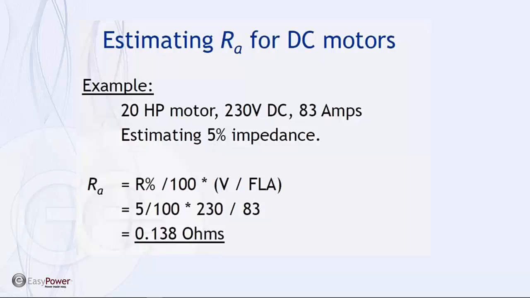If we apply those parameters to the equation for resistance, we take the 5% times the voltage divided by the full load current, and you put this through a calculator and you get 0.138 ohms as the armature resistance. And that value is what we're going to use in modeling the motor when we get into EasyPower.